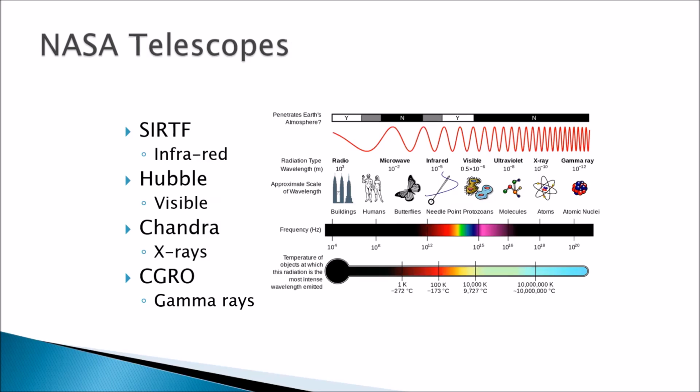The Hubble covered the visible portion of the spectrum. Chandra looked at the X-rays that were coming out of space. And finally, the Compton Gamma Ray Observatory looked at the very, very short waves that were out at the far end of the spectrum.